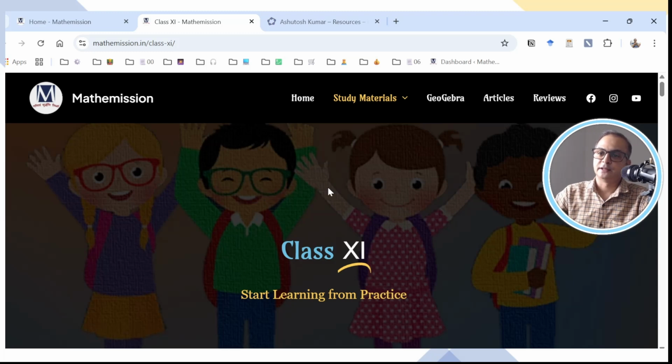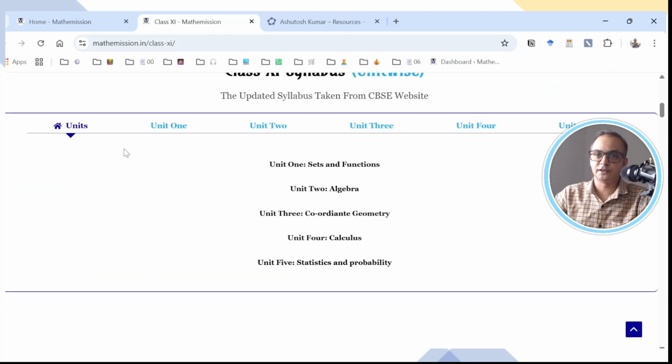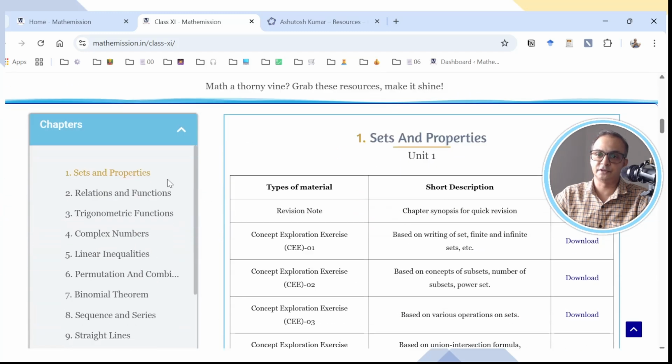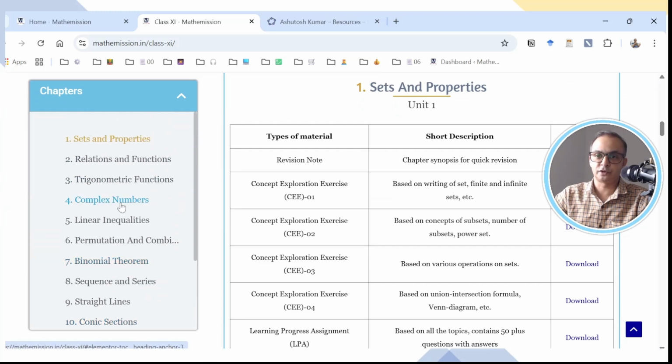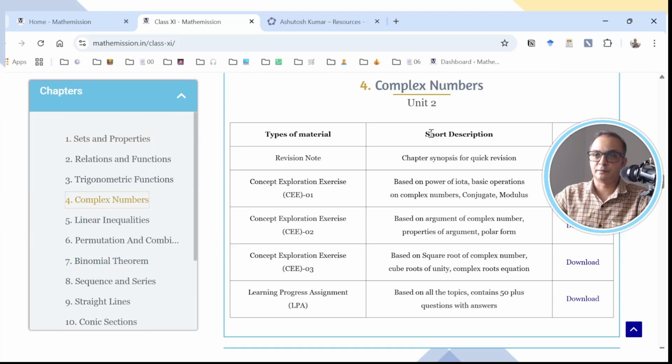By the way, if you go to class 11th, you have all these units and all these chapters here on this table. If you click any chapter, suppose you want to go to complex numbers, it will come automatically there, and you can see all the chapters are organized in such a way that there's a type of material, there's a revision note, and a chapter synopsis for quick revision.